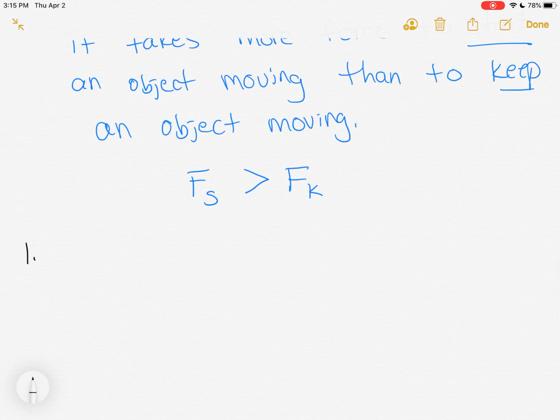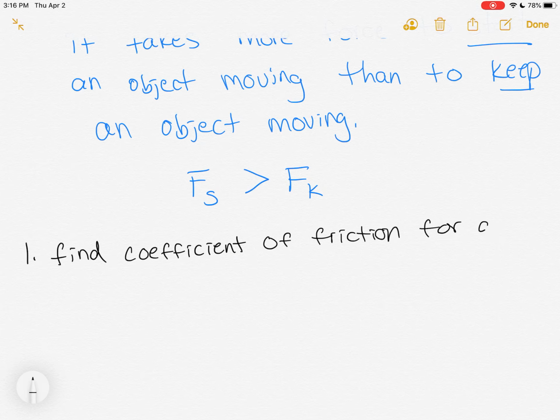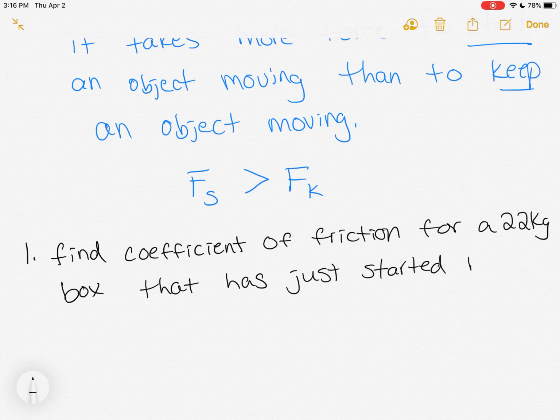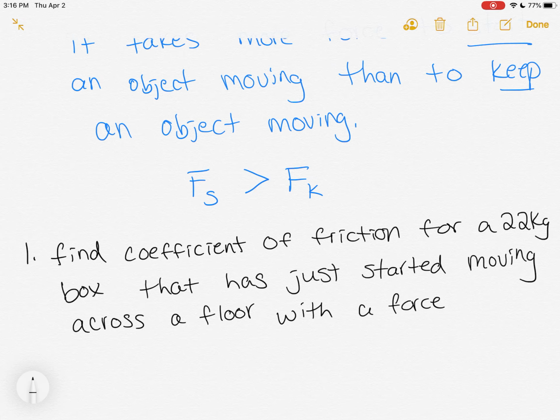Okay, so my first example, we are going to try and find the coefficient of friction for a 22 kilogram box that has just started moving across a floor with a force of 62 newtons.